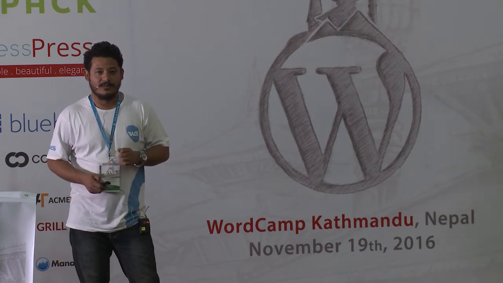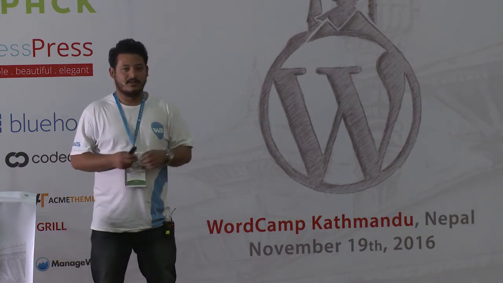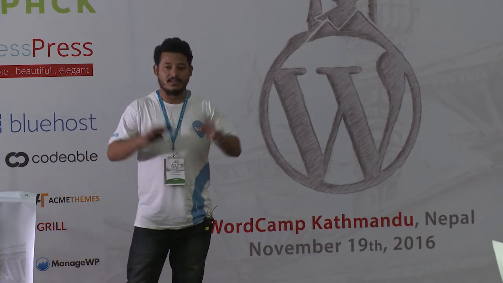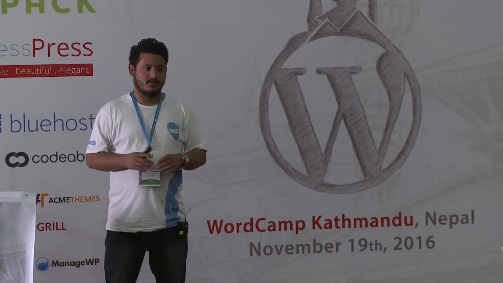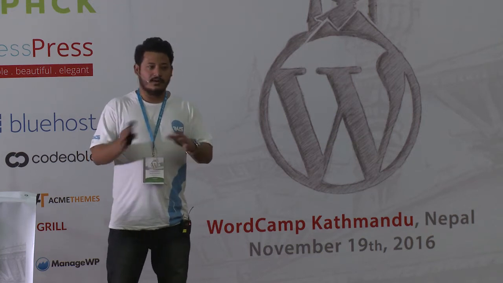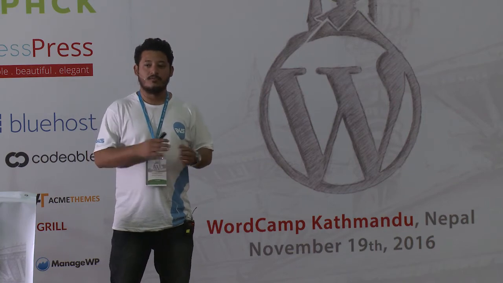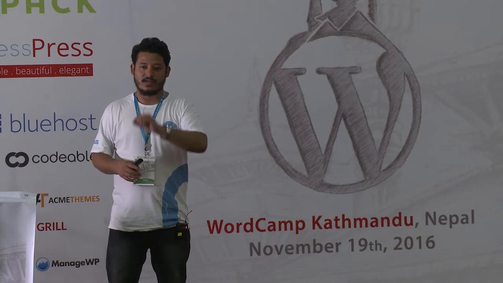Next is user management. As I have shown in the previous database table section, you have the same set of users for the entire WordPress multisite network. So whenever a new user registers on your network, he will be registered for the network, not for the individual site.